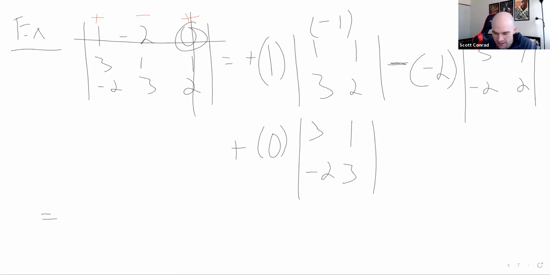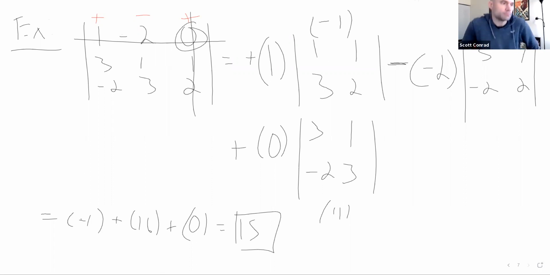And this determinant is going to be 11, but we're multiplying by 0, so it doesn't matter. So 1 times negative 1 is negative 1. Minus negative 2, so plus 2 times 8 is plus 16. And then plus 0 times 11. So we get 15 for our determinant.